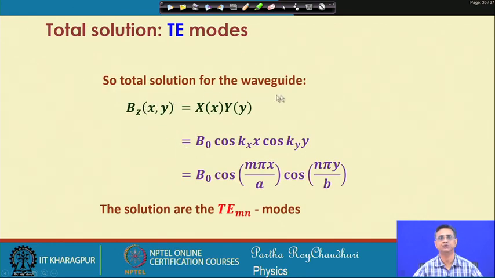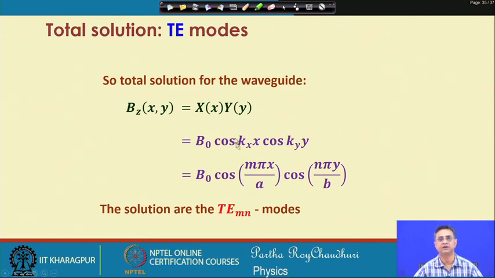So, the total solution for this waveguide can be represented in terms of this. This is due to the x part of the solution, and this one is for the y part. Put together, k x and k y are also known from the boundary conditions. So, m and n are integers, and the combination of m and n values will give you all possible modes. For example, m equal to 1, n equal to 1, m equal to 1, n equal to 2.